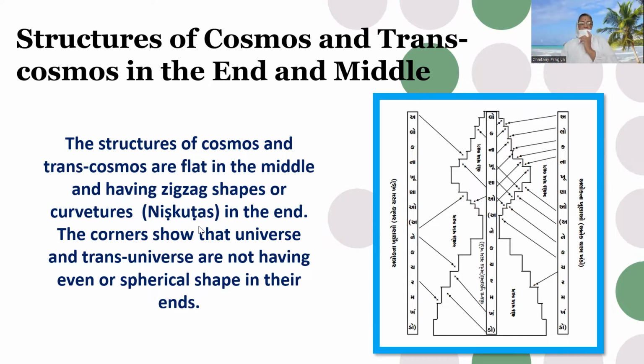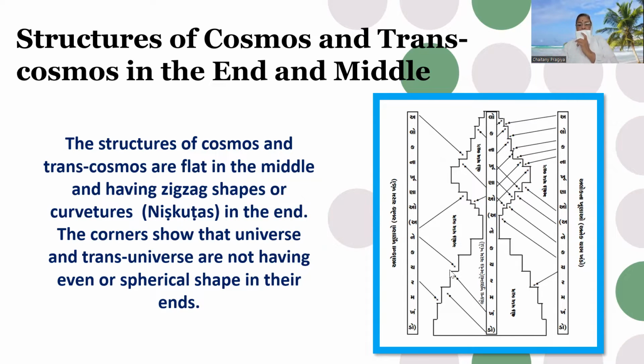So you can see here that this is the structure of the universe. Though a universe is shown in scientific books in the shape of a sphere, or having so many planets and such a very huge structure, science doesn't know what the ending structure of the universe is, how it looks in the end.